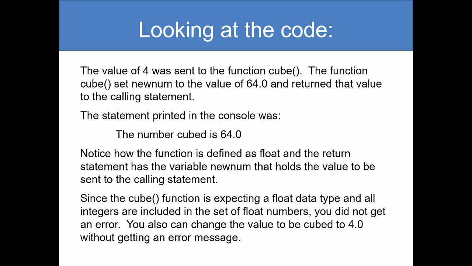That setup statement is the statement that called cube, and it did that. And so the statement printed on the console, the number cubed is 64. So again, the function is defined as a float, which tells us that it's going to return a float, and so we need to make sure that those types are not mismatched, otherwise we can have an issue there.